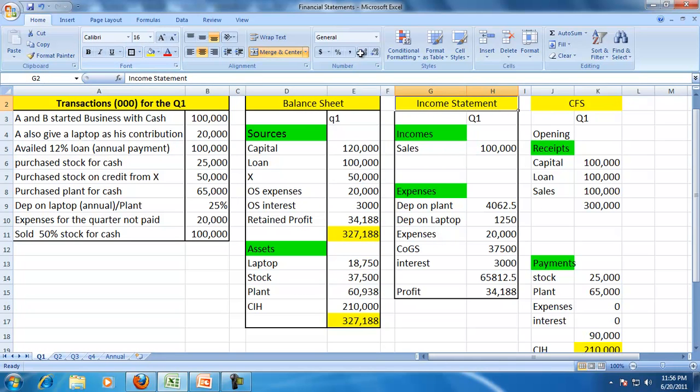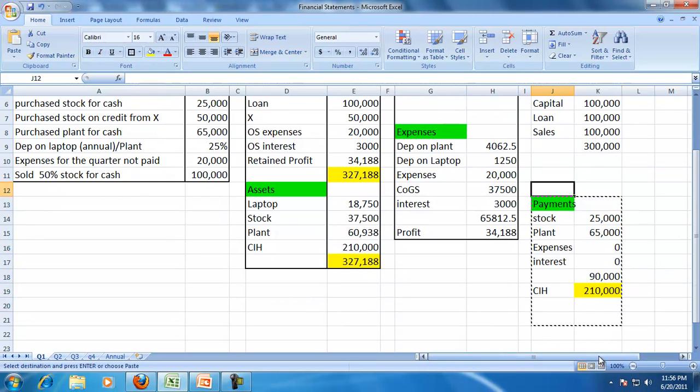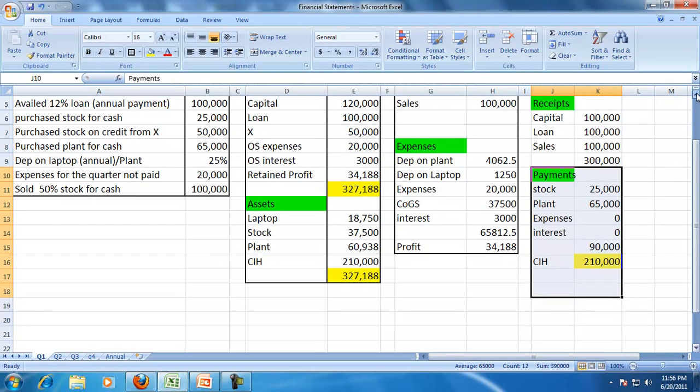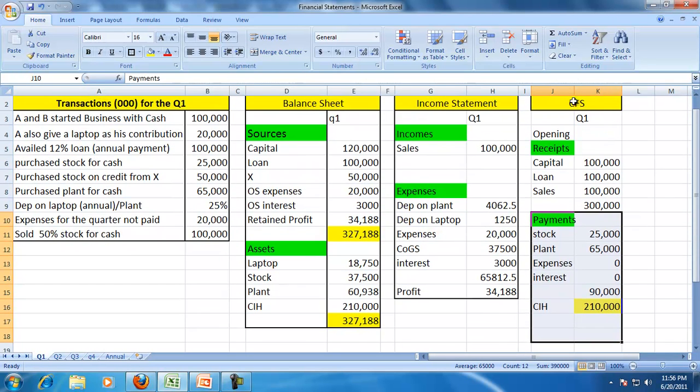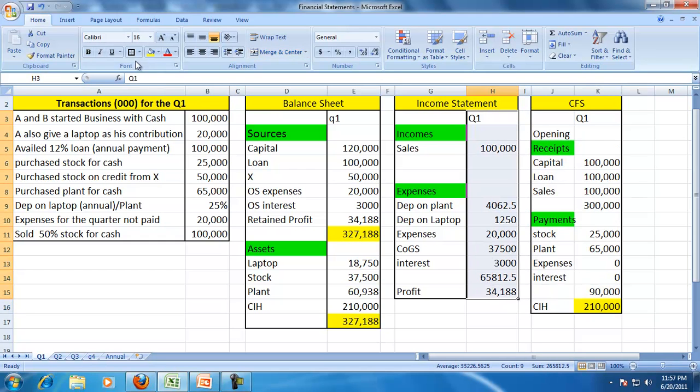The cash flow statement will show the receipts and payments for the quarter. So at the end of the quarter, the financial statements will show the profit and cash in hand for the quarter, and the balance sheet will show the sources and assets as on the date of the Q1 end.